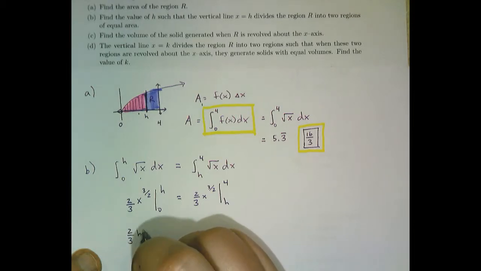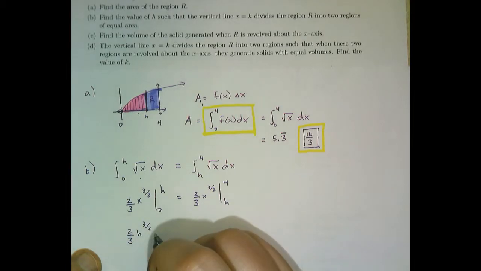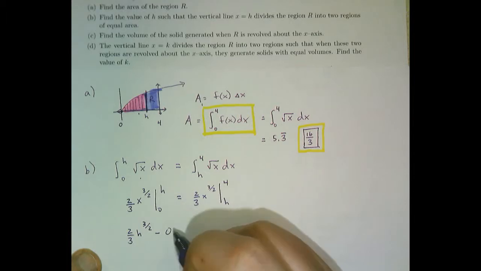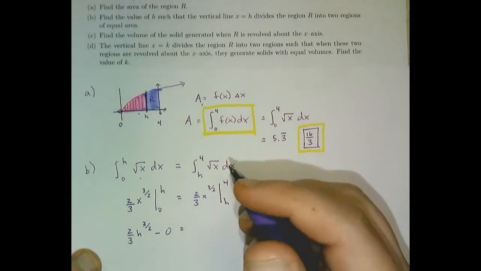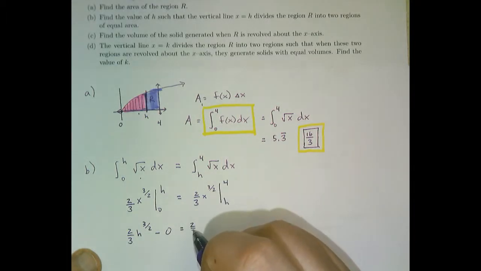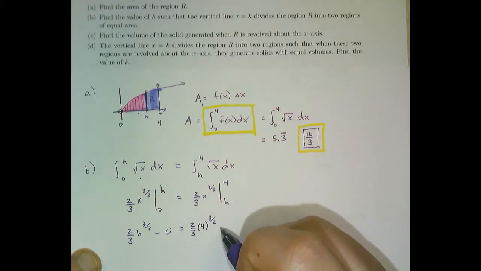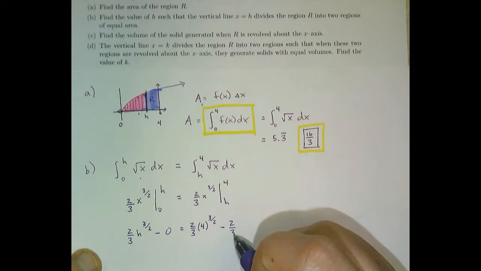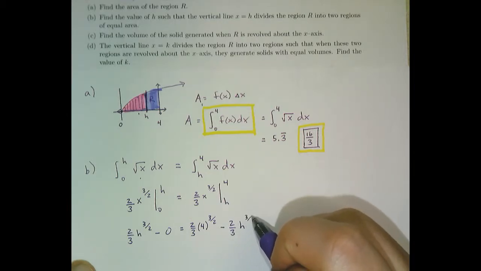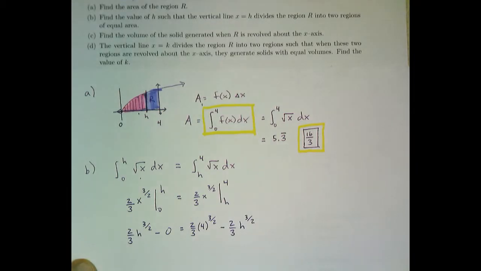So 2/3 h to the 3/2 minus 0 is equal to 2/3 4 to the 3/2 minus 2/3 h to the 3/2. And this is the equation that we're looking to solve for the value of h.